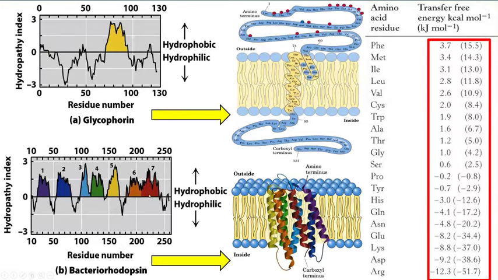Looking at our second protein, however, we can see that it has many more of these frequent spikes. We can see we've got 1, 2, 3, 4, 5, 6, 7. What that translates to is that with this integral protein, there are 7 sections of that protein piercing or going straight through the plasma membrane.